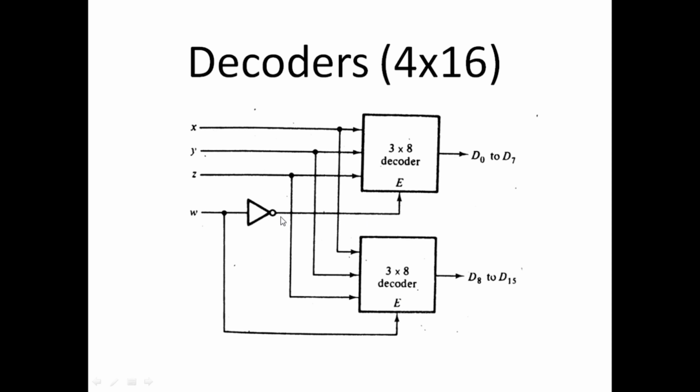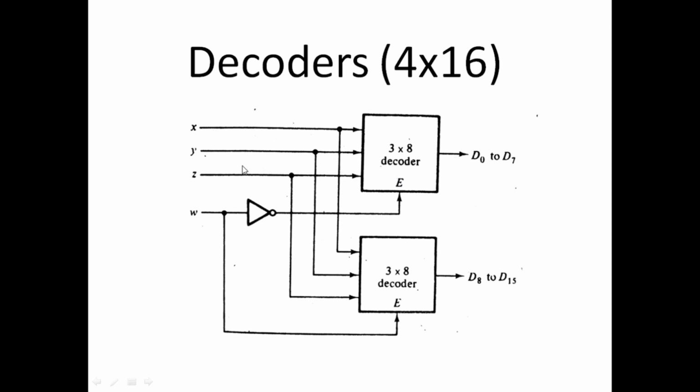But to the enable pin, a 4th input is connected, and that 4th input is directly connected to the lower decoder, and it is connected after an inverter to the upper decoder. And we just label the outputs of the second decoder as D8 to D15. So whenever W is 0, the upper decoder is selected.